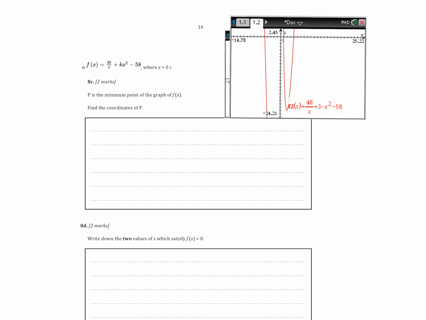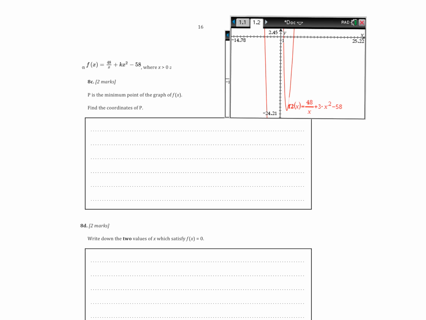As I've zoomed out, it wasn't obvious, so I had to scroll up and down, dragging my screen just to see where that minimum point lies, and we get a picture of it now. We're not quite sure from the image what's happening over here, but what we're interested in is this minimum point here.